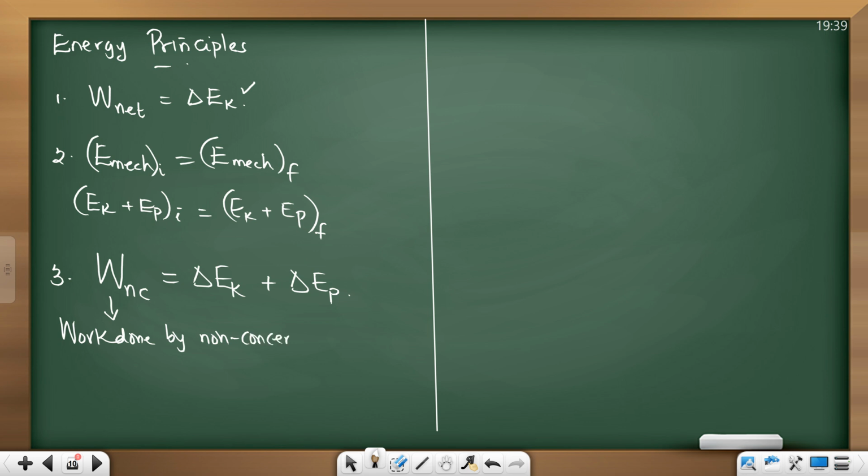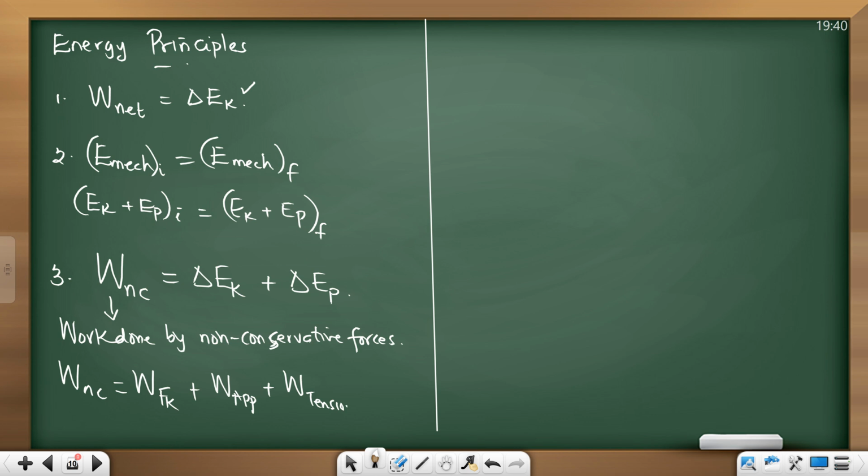By the way, what are my non-conservative forces? Fat forces. So, can I say that work done by non-conservative is work done by friction, applied, and tension?